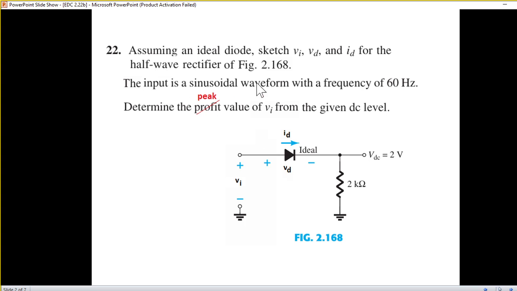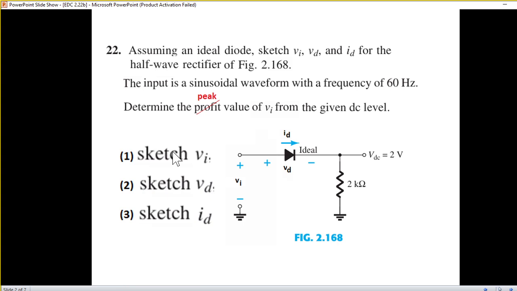The input is a sinusoidal waveform with a frequency of 60 Hz. Determine the peak value of VI from the given DC value. So using this DC value, which is 2 volt, we have to find the peak value of VI, that is V maximum. So these three things we have to sketch.